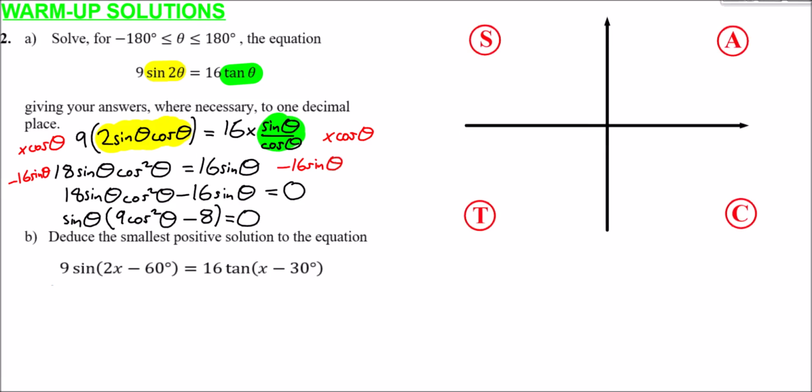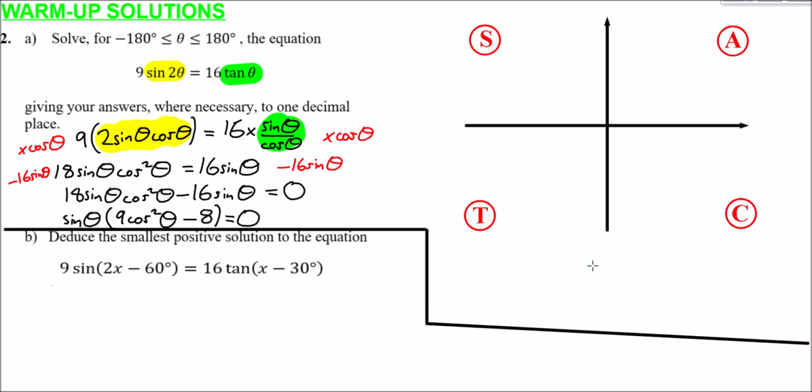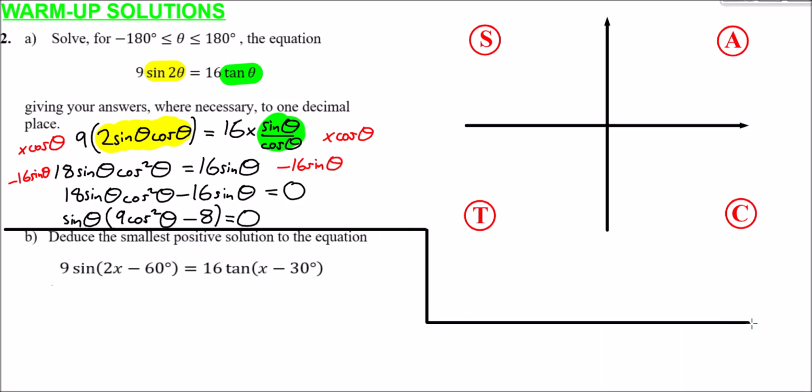So one thing we can now do, if I just section this out because I'm running out of space ever so slightly, you need to consider how this can be solved. That's a bit better. So it's either sine theta is equal to 0, or this here is equal to 0.